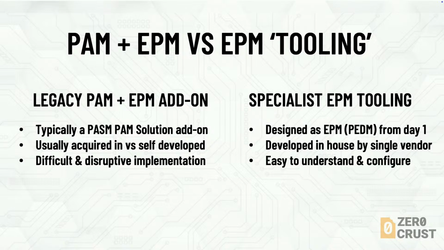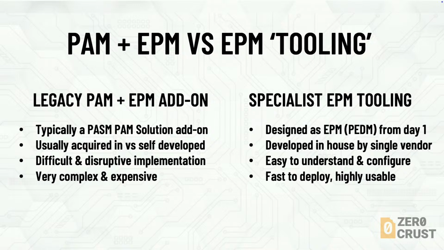If you want an EPM and you buy one as part of a legacy PAM, you'd be prepared for exactly this. However, if you went down the route of a specialist EPM tooling system, you're going to get something which is very easy to understand and configure. Obviously, a legacy PAM is going to be complex and expensive, and the opposite would be the case for a specific EPM tool. I think the speed of deployment and usability are very important here.